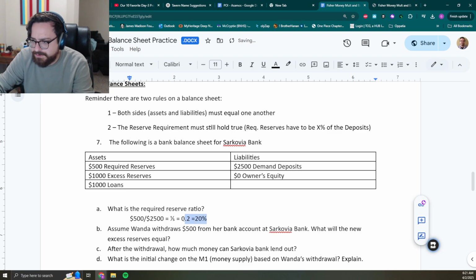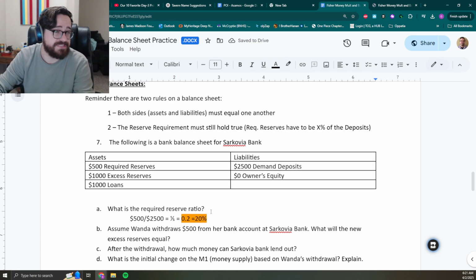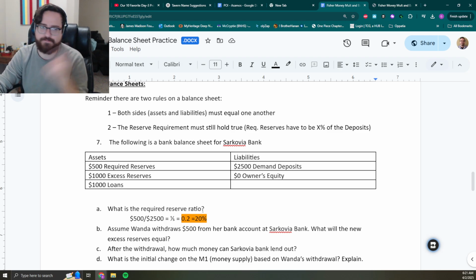They prefer the reserve requirement and reserve ratio to be written as percentages, or decimal would be also accepted. They don't like it as a fraction. I don't think they would take off points if you wrote it as a fraction, but you should get in the habit of writing it as a decimal or percentage because that's how you will always see it in questions. So if you're a person who's good at fraction to decimal to percentage, this is easy for you. I'm really good at that, obviously.